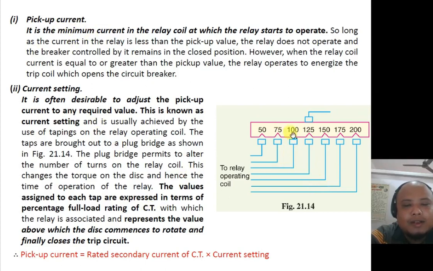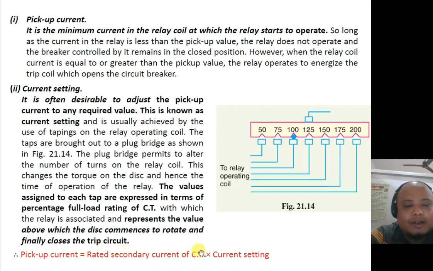100% current setting means the pickup value of the relay is 100% of the full load current of the CT. So the relation between pickup current and current setting is: pickup current is equal to the rated secondary current of the CT multiplied by the current setting.